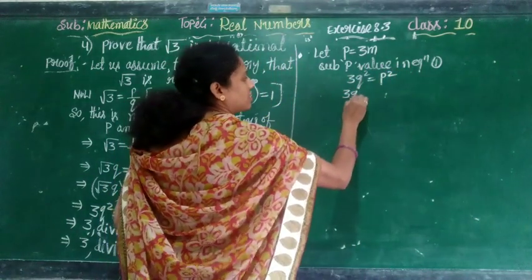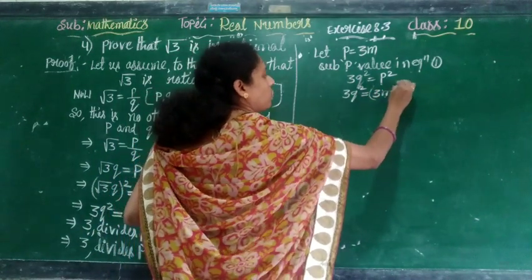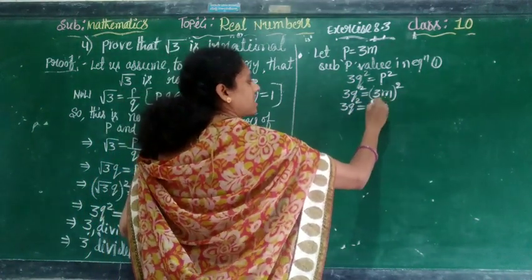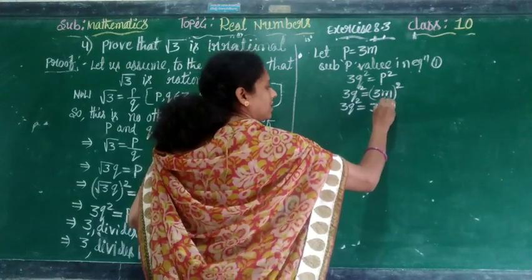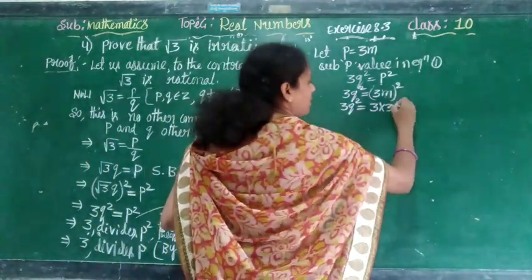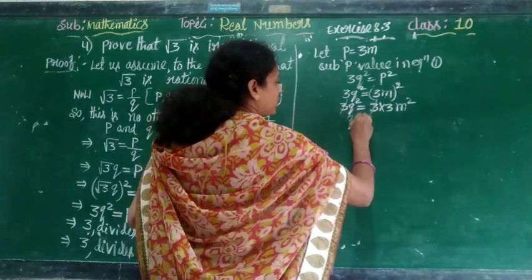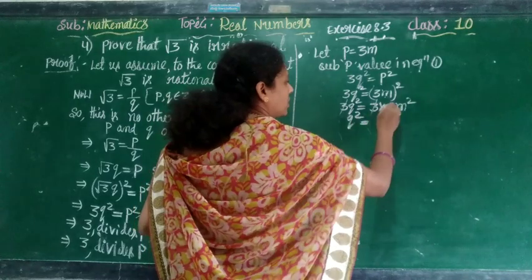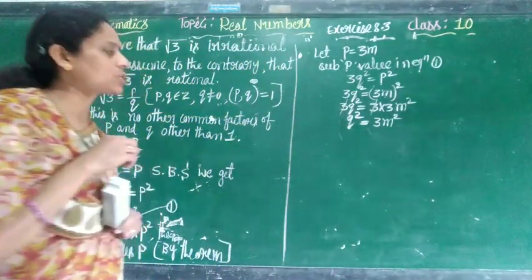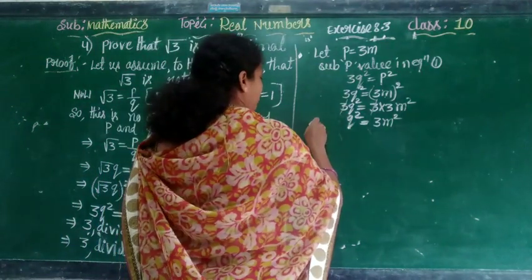Here 3q square is equal to p square, means 3m whole square. 3q square is equal to 3 threes are 9, 9m square. 3 gets cancelled. q square is equal to 3m square.